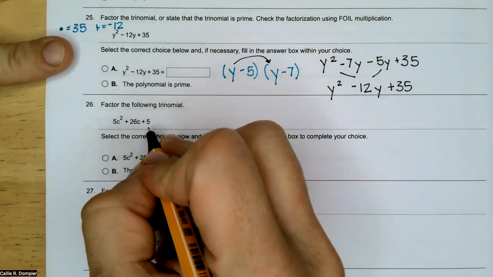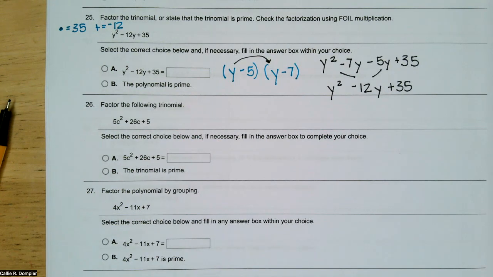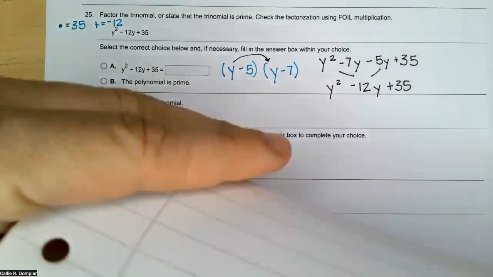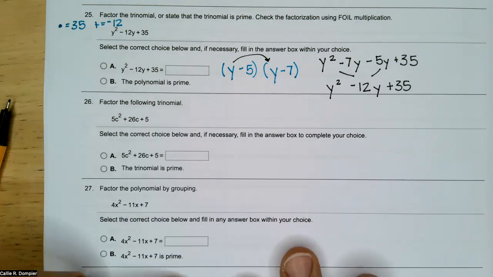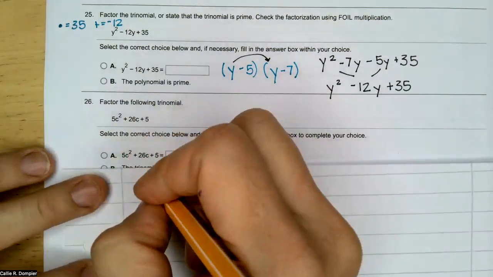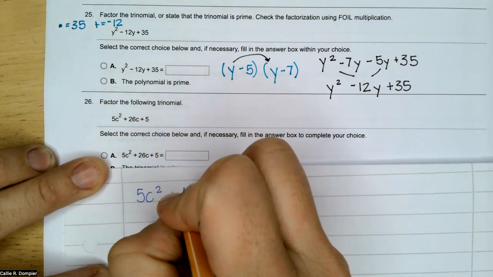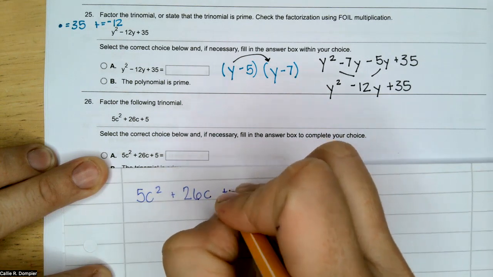Okay. Here is a very different trinomial where a is not equal to 1 anymore, right? Now a is 5 and c is 5, interestingly. So we have 5c squared plus 26c plus 5.